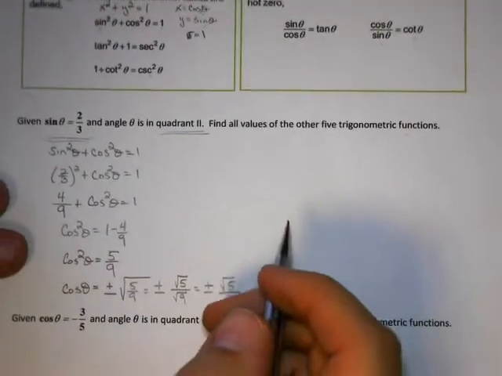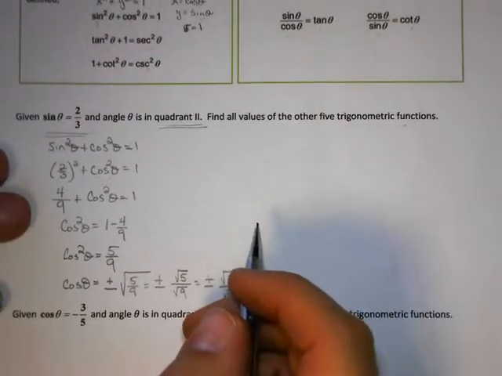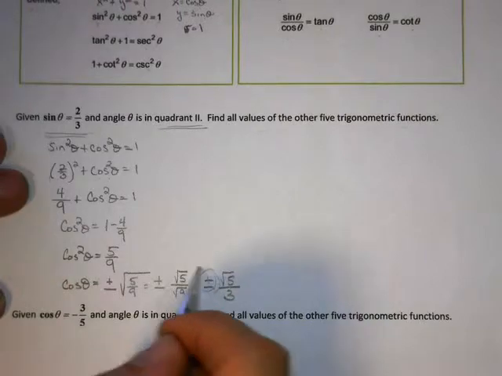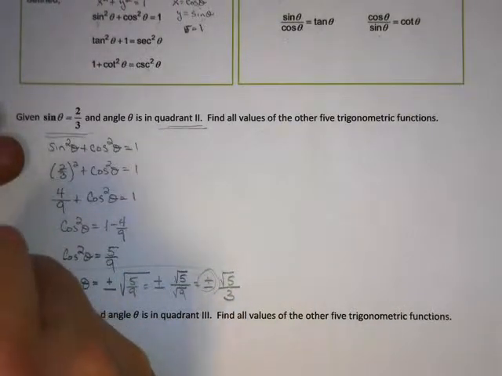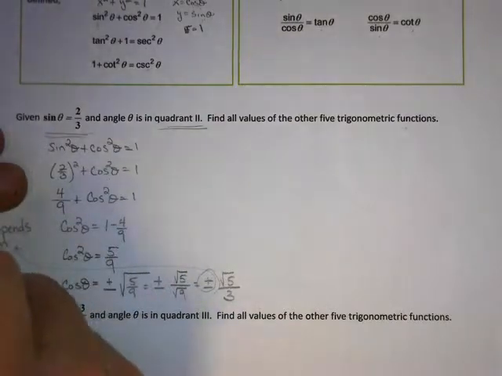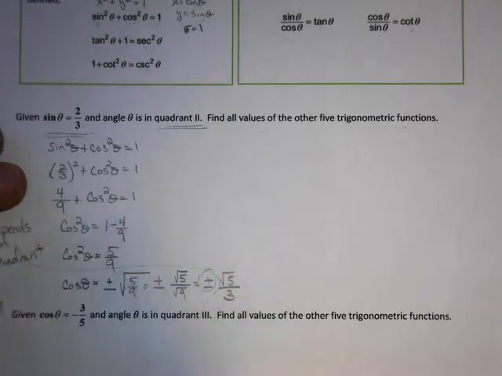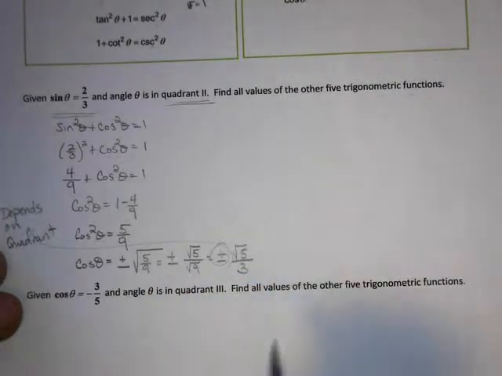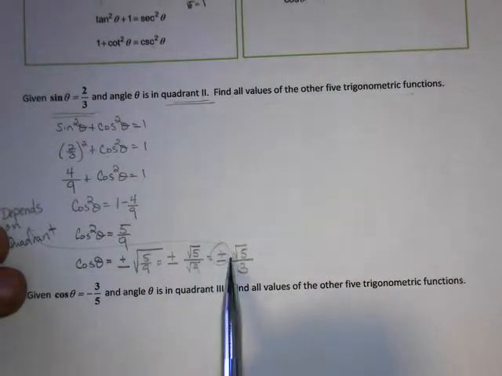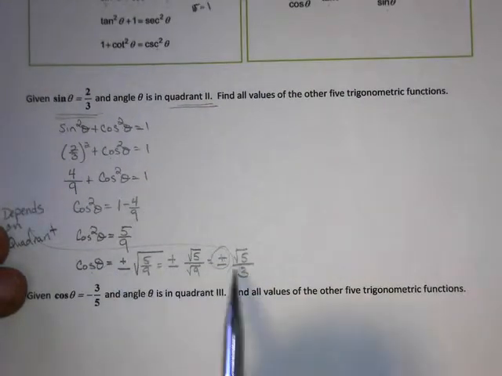Now it's important to understand that the plus or minus depends on the quadrant. If cosine's in the first quadrant, then it's going to be positive. If cosine's in the second quadrant, then it's going to be negative. If cosine's in the third, it's going to be negative.